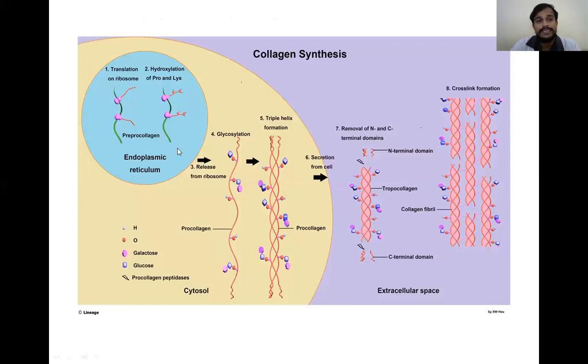And coming to collagen synthesis, we know pre-pro-collagen is formed in the endoplasmic reticulum, and that is by hydroxylation. The proline and lysine are attached, and after that they are released to the cytoplasm, where the individual polypeptides are coiled to form a triple helix formation, and this is released and it finally forms the collagen cross linkages. This is collagen synthesis that we had already seen in the previous classes.